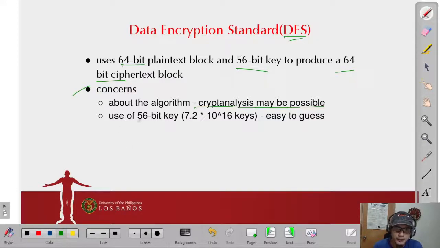Also, since the key size is 56 bits only, it's quite easy to guess if you have a high-end machine. In fact, DES is no longer used today because it's already cracked, meaning there are tools that can crack DES encrypted data.